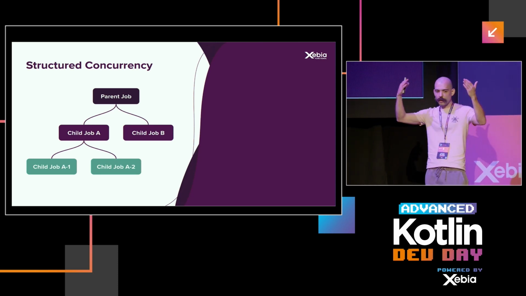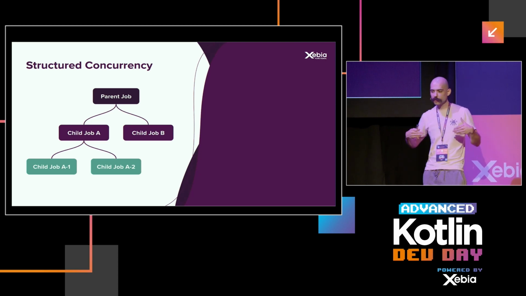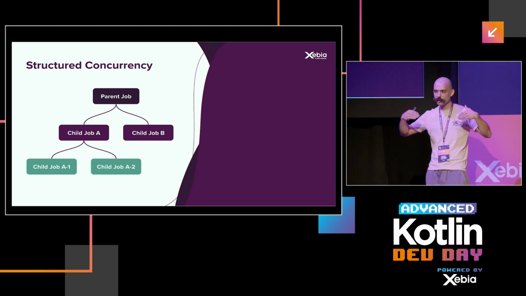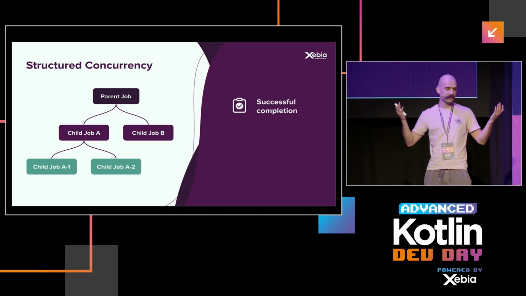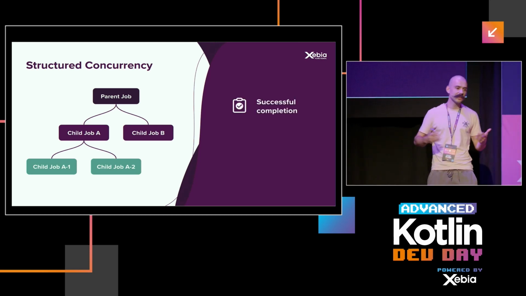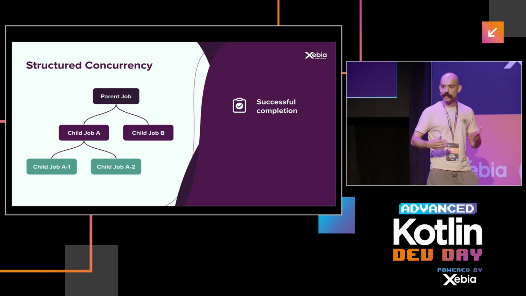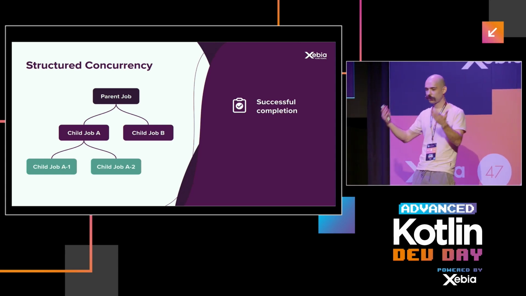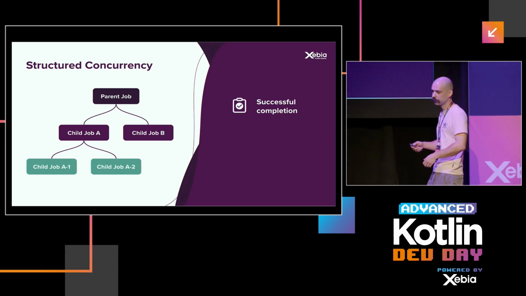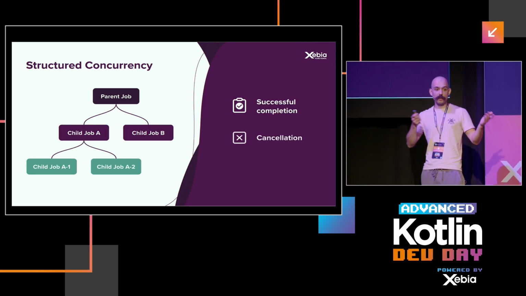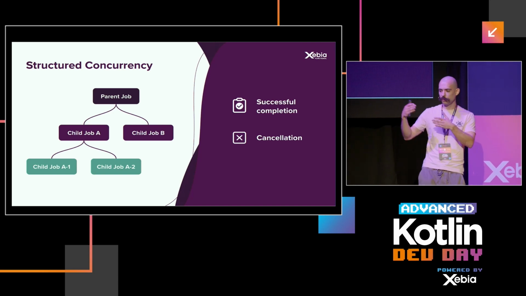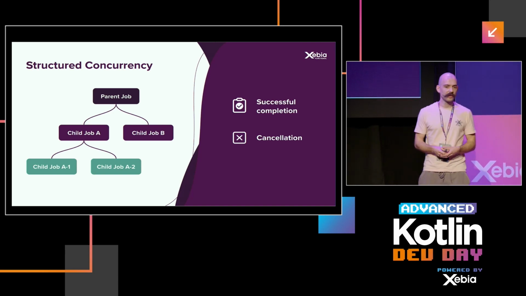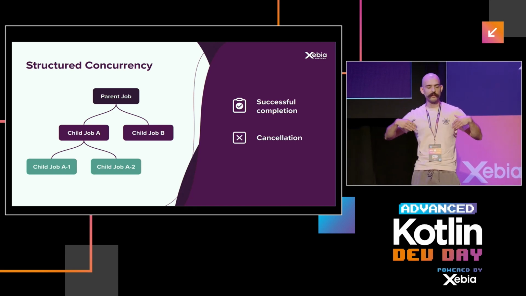So when we launch from the top to the bottom, and when we terminate, we have to terminate from the bottom to the top. And termination can be successful completion, right? So ideally, everything in our program runs fine, everything works as it should be, and we get successful completion. This is the happy path. But what we're actually talking about today is cancellation. We're canceling processes. So when parent job A needs to cancel, everything below needs to cancel, and it needs to cancel from the bottom to the top.